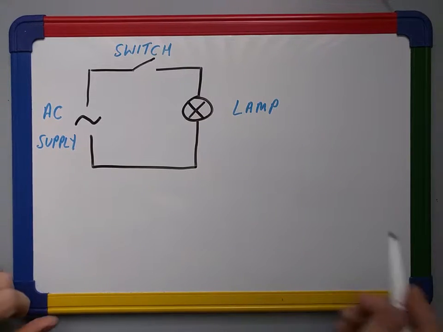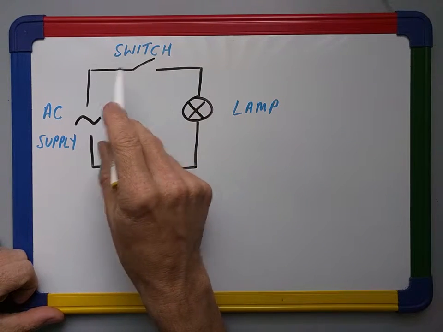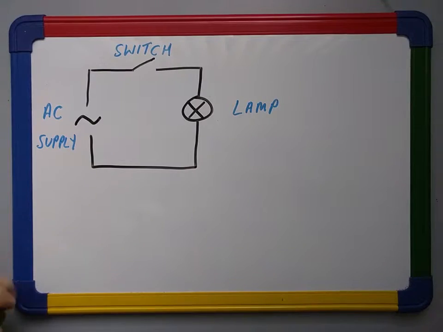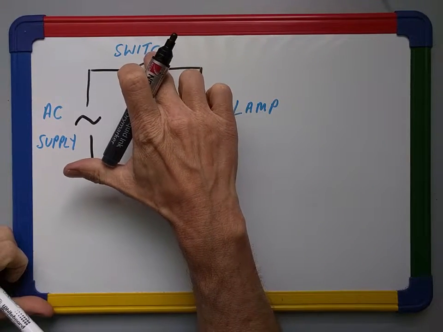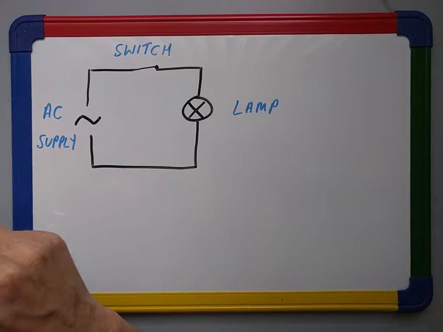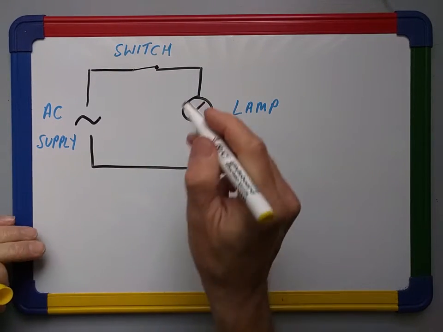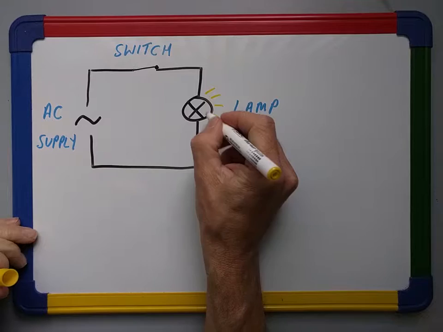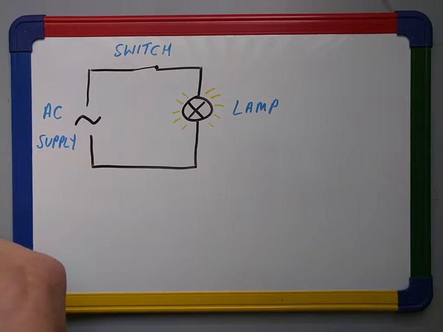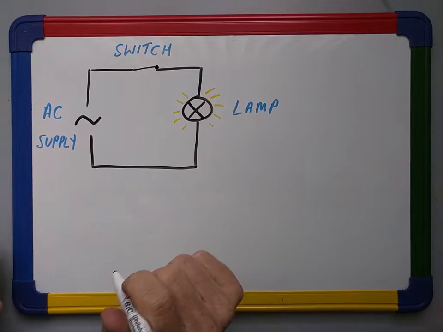So what we have here is a lamp connected through a switch to an AC supply. This is pretty much a diagram of what you have at home for your light switch. And when we close this switch, we get a flow of electricity and the lamp lights up. Now, the question is, what way does this electricity flow?